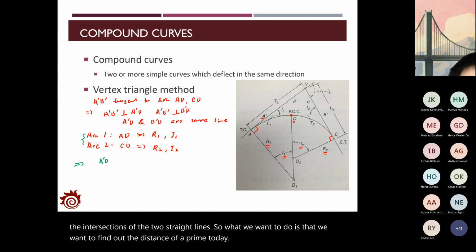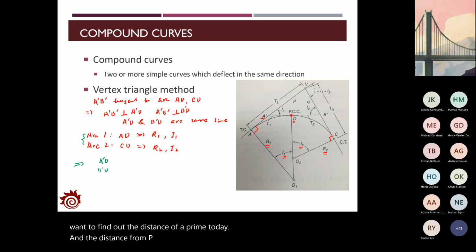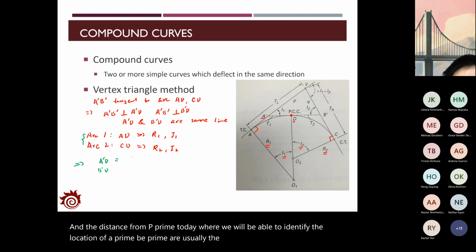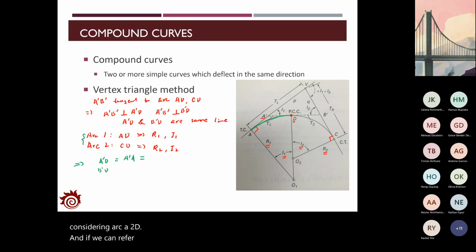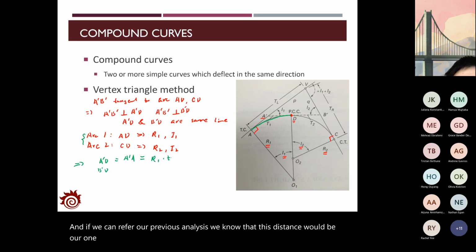and the distance from B prime to D, where we will be able to identify the location of A prime and B prime. Usually the A prime to D is the same as the distance of A prime to A. This can be obtained by just considering the arc A to D. From our previous analysis, we know that this distance would be R1 times tangent of half I1.